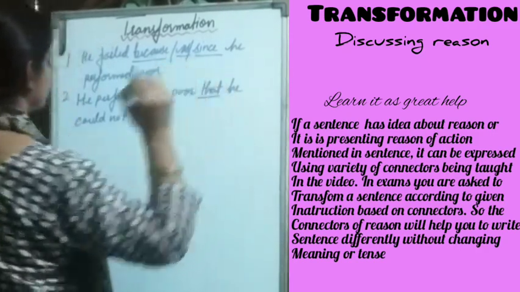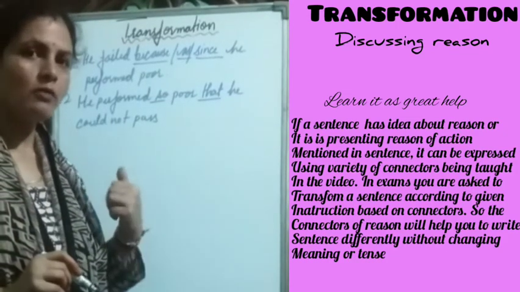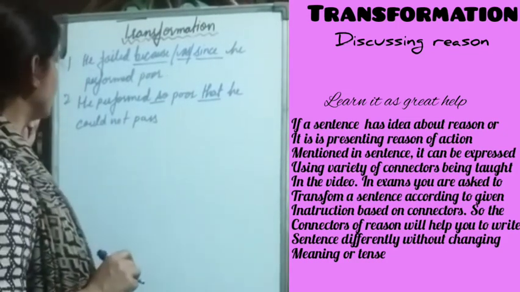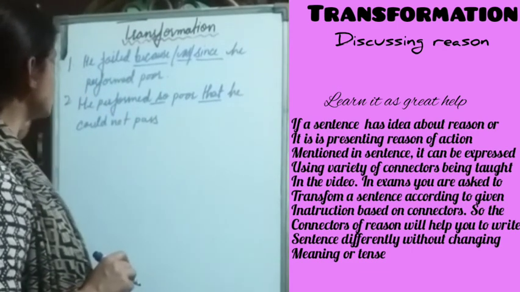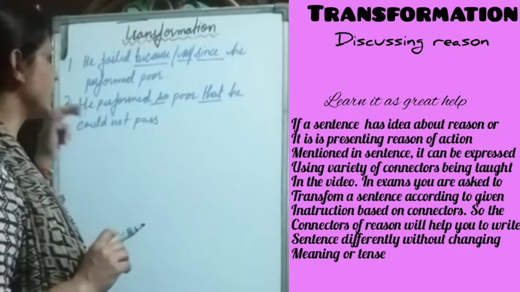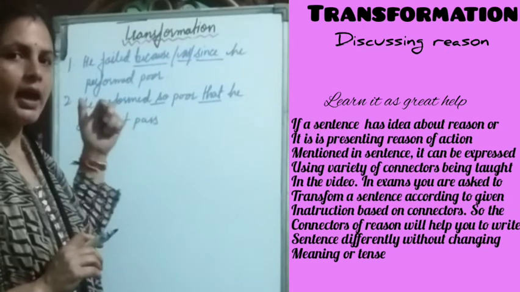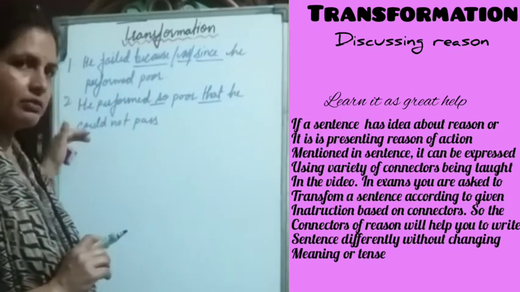This connector also gives us the idea of reason. And after so that we use can or could. We use can when in a sentence there is present tense, and if there is past tense, at that time we use could.